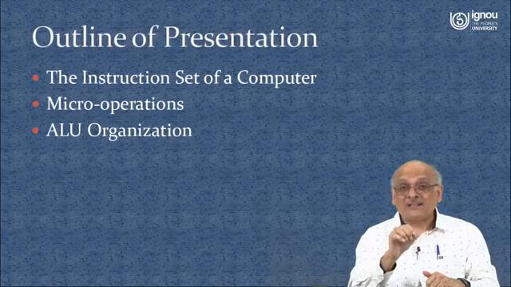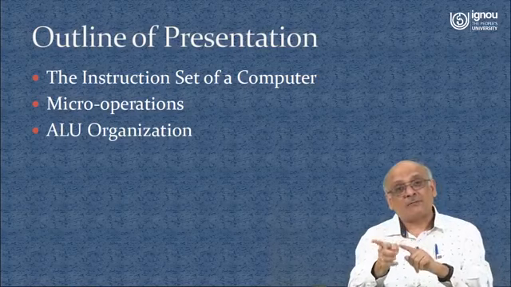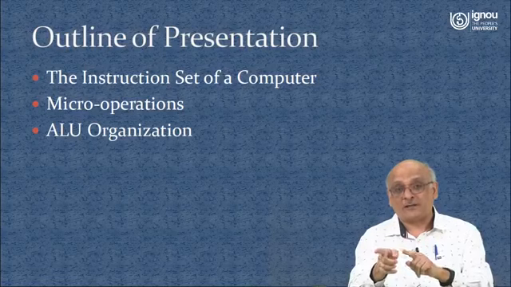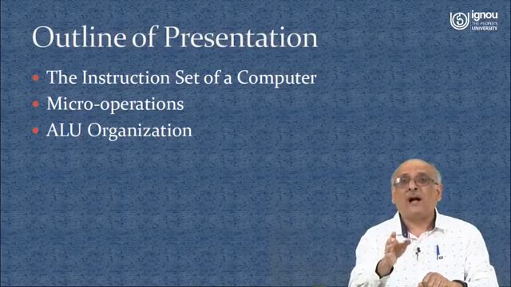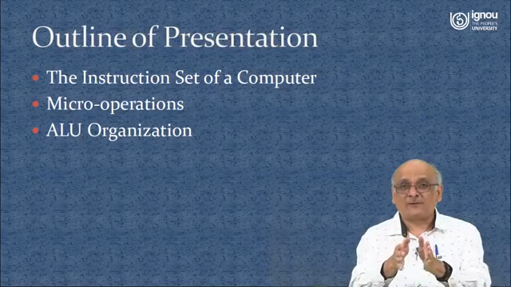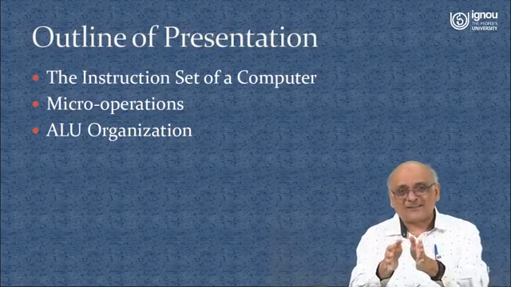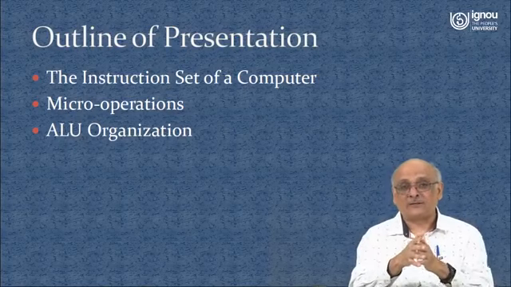This is what we would like to discuss today, and these are called micro operations. Micro operations are very close to the computer organization of that particular machine, so organization comes into existence at that point. It is very close to the hardware, and we would like to discuss some of the circuits related to that situation.